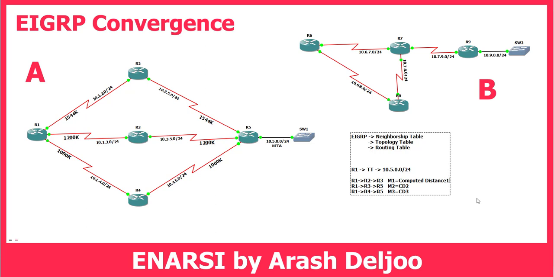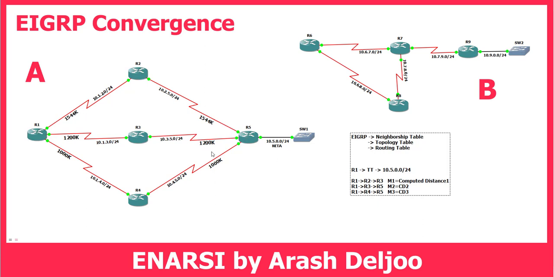Because EIGRP, as you saw in the previous video, is using bandwidth and also delay for best path selection. Here, as you can see, the best path, with the higher bandwidth links, is the path from R1 to R2 to R5.